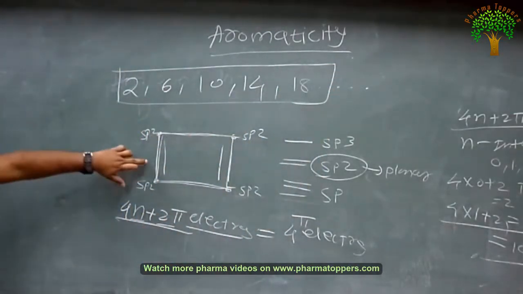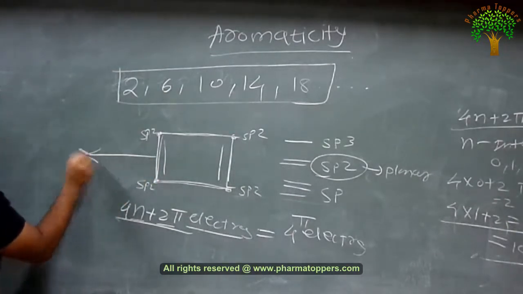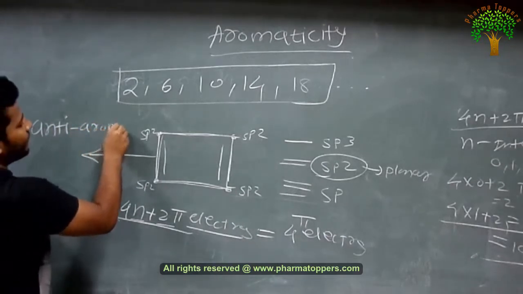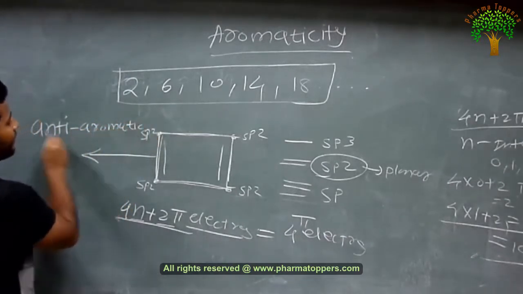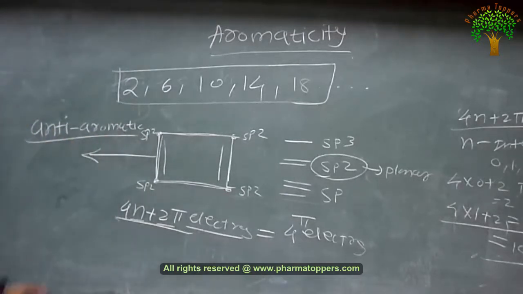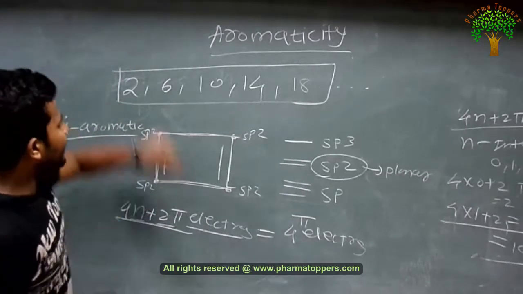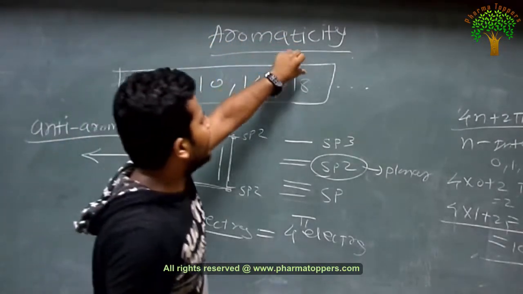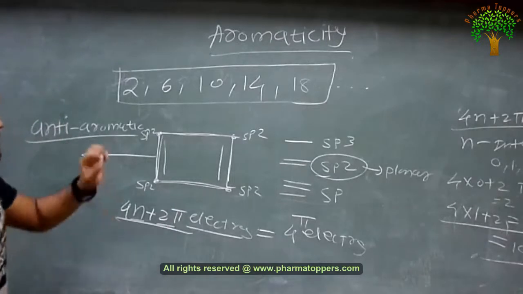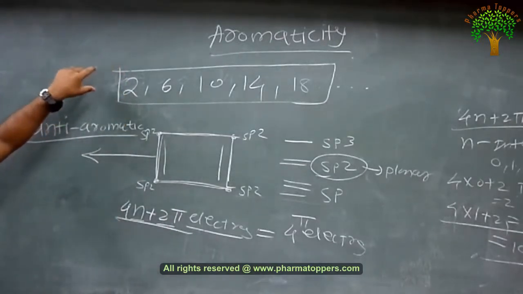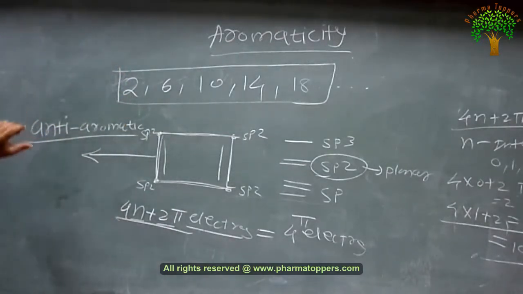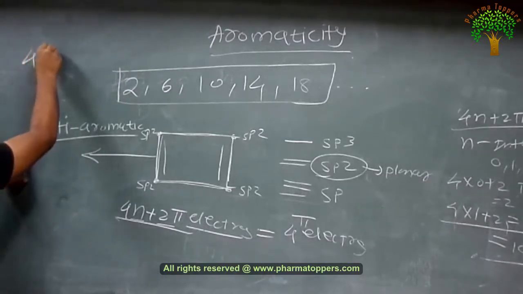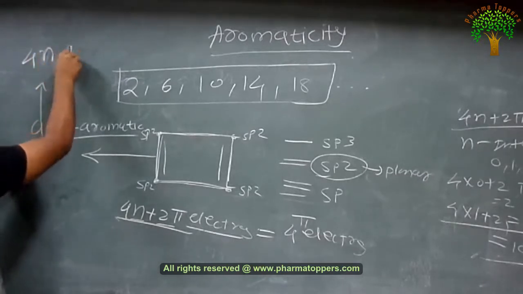That's why this structure is called anti-aromatic, because it doesn't obey the Huckel rule. Because to obey the Huckel rule, a ring always contains this number of electrons: 2, 6, 10, 14, 18. Those cyclic structures which don't contain this number of electrons are called anti-aromatic because these electrons obey the 4n pi electron rule.